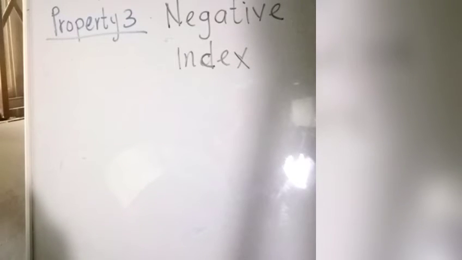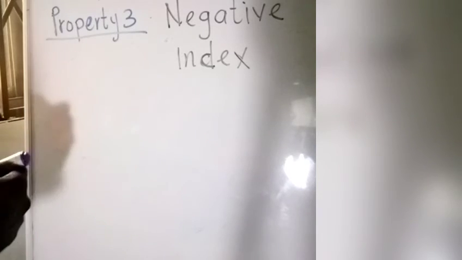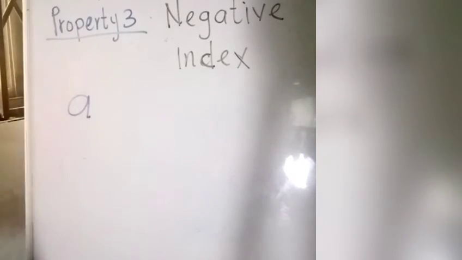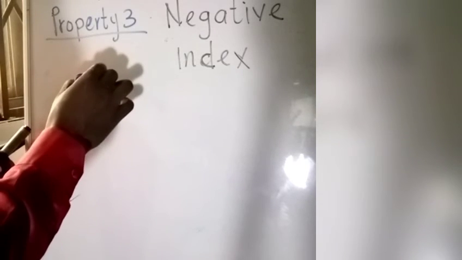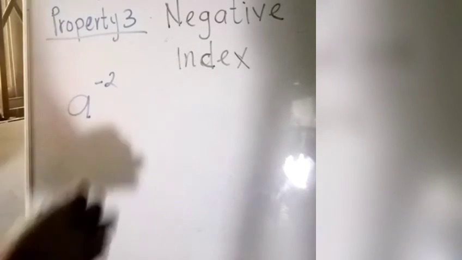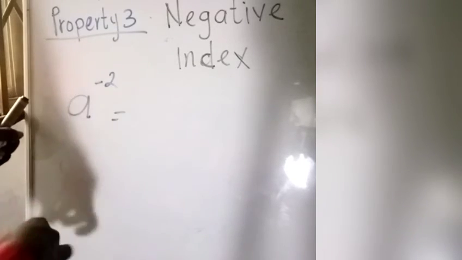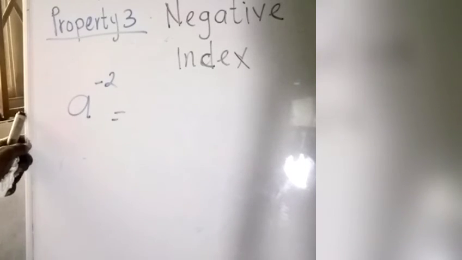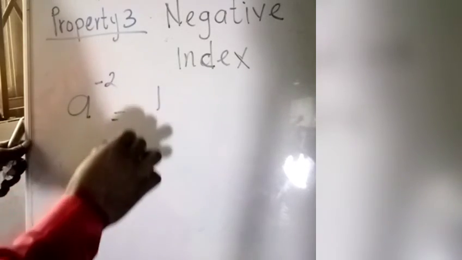The next property, also property 3, is called negative index, and it says that any number raised to the power negative index is equal to the reciprocal of the number raised to the same power but with positive index. What this means is that when you have any number raised to a negative exponent, it is the same as the reciprocal or fraction of the same number but with positive exponent.